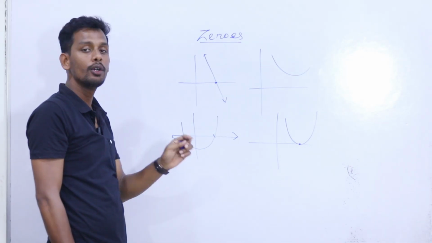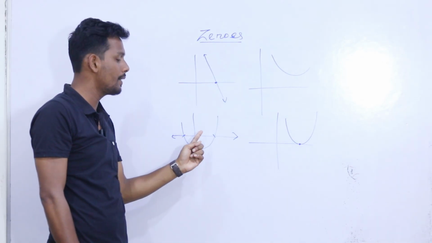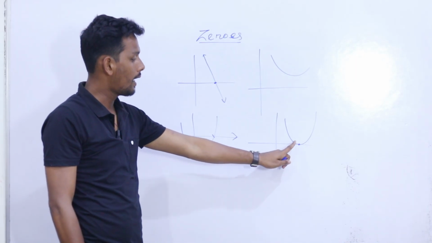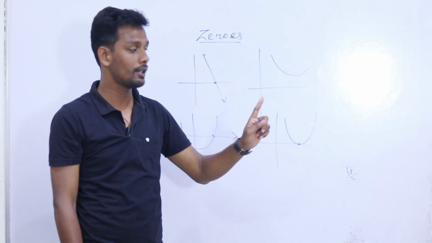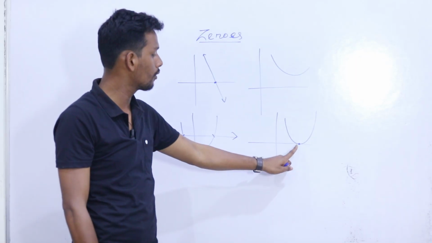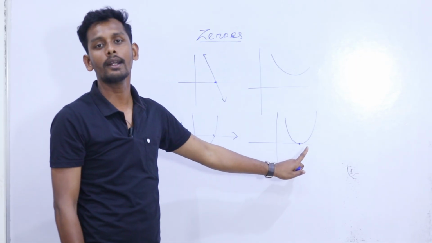This polynomial has two zeros because the graph intersects the x-axis at two distinct points, and this polynomial has only 1 zero because it only touches the x-axis at one point.